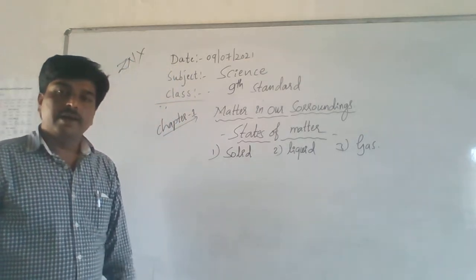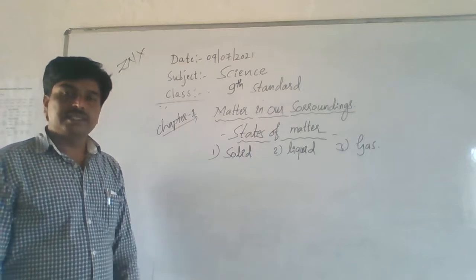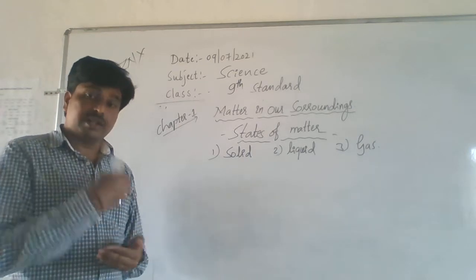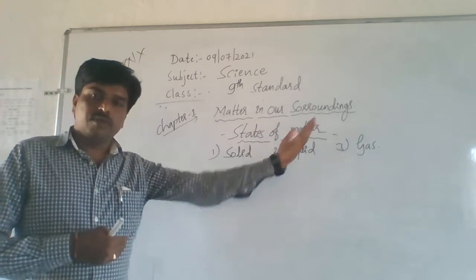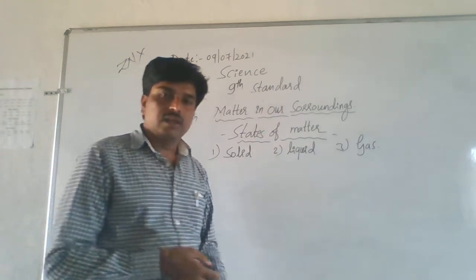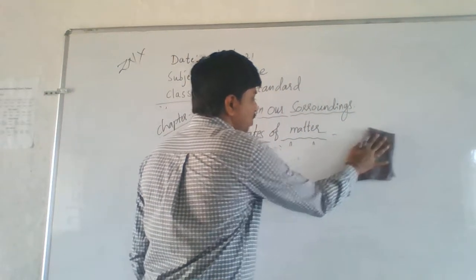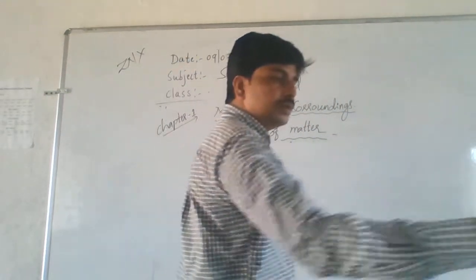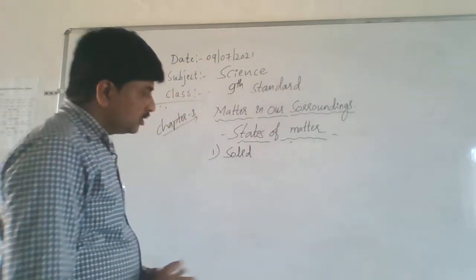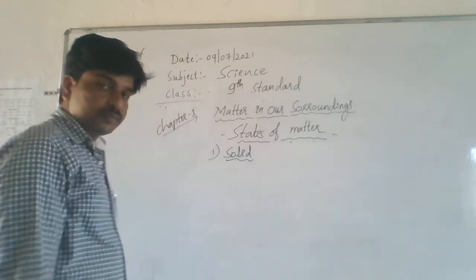Let us see how these particles are arranged in each state of matter, like solid, liquid and gas. Let us come to the first one, that is solid. This is the first state of matter.